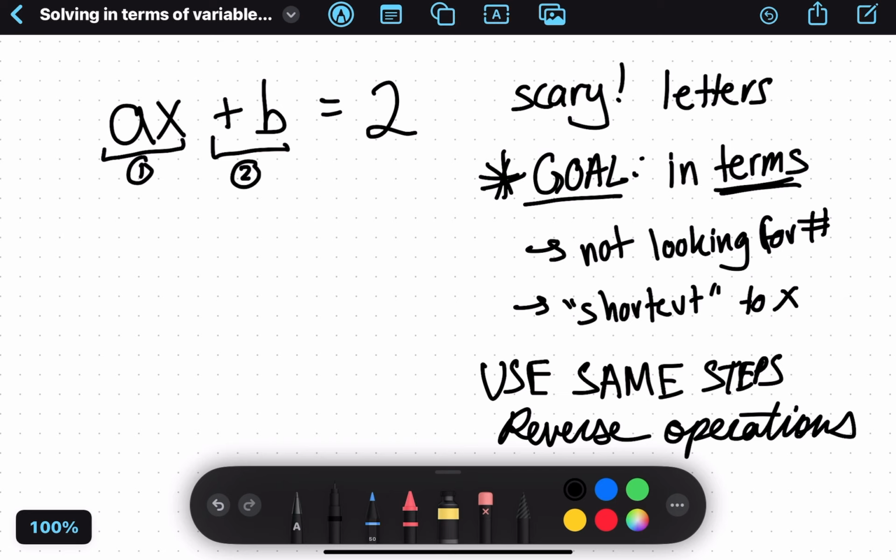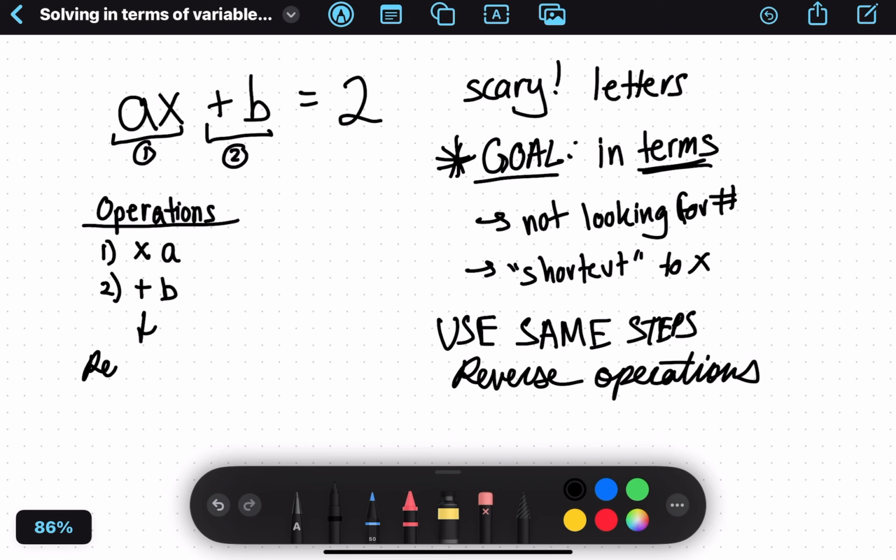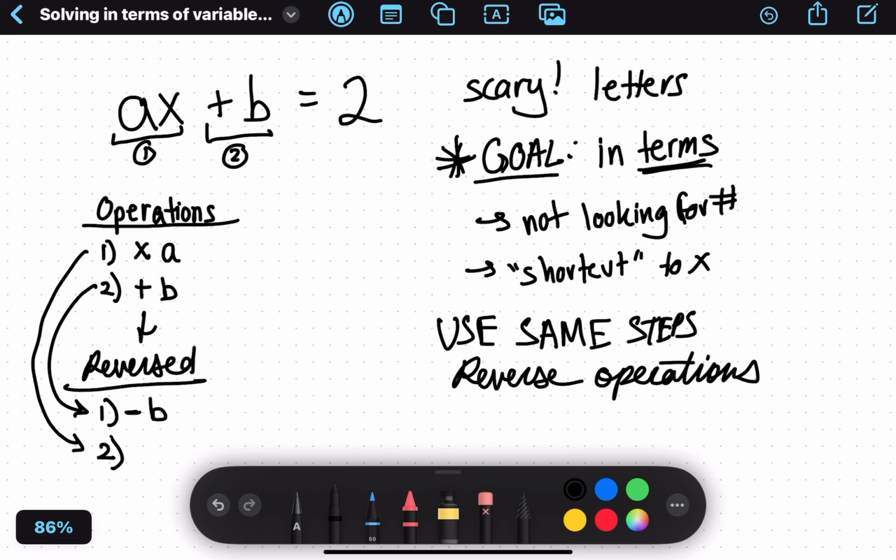So our operations, in the order that they occurred to x originally, first multiplying by a, then we're adding b. Now, to reverse them, we're going to first subtract b, because it's the opposite of addition, and then we're going to not multiply, but divide by a.